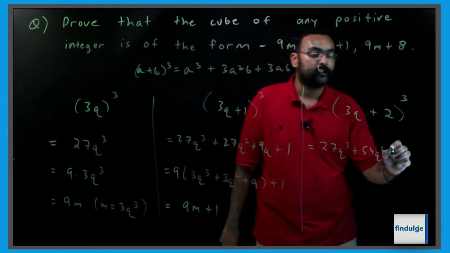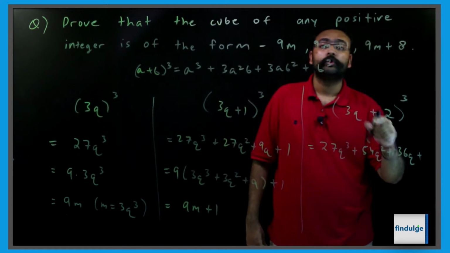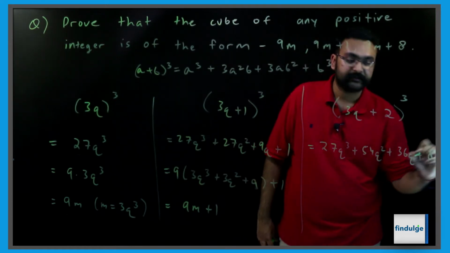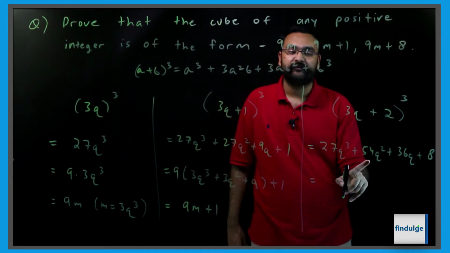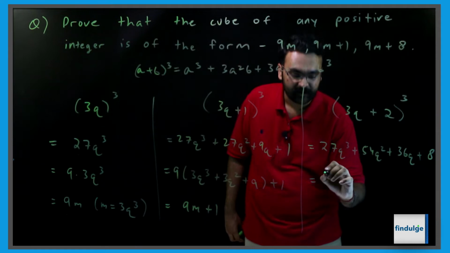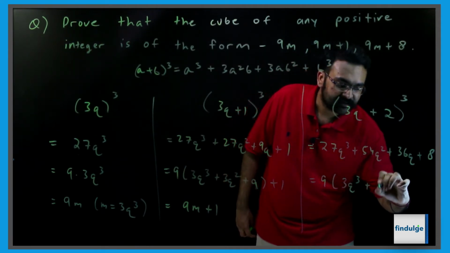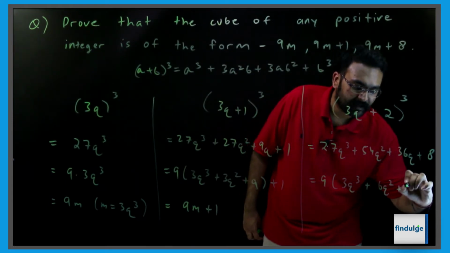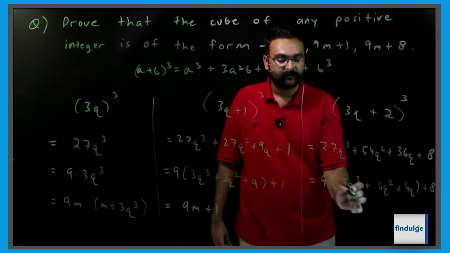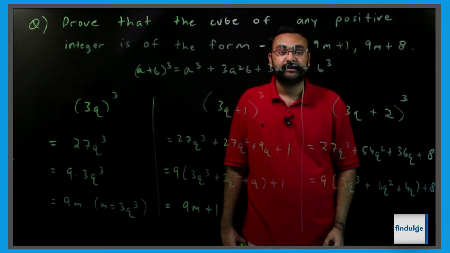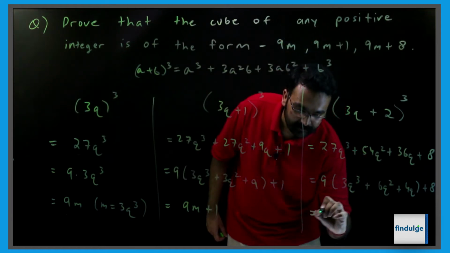So 9q into 4, 36q plus 2 cubed, 8. Once again, I can take 9 from here, 9 from here, 9 from here. I'll be left with 9 into 3q cubed plus 6q squared plus 4q plus 8. Again, positive integer, positive integer, positive integer. The sum will be a positive integer, can be replaced with m.